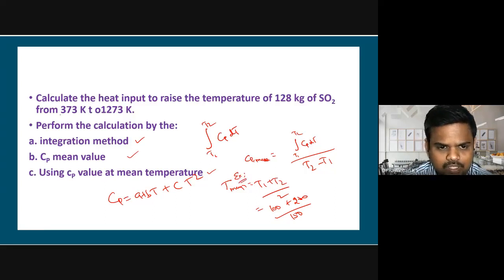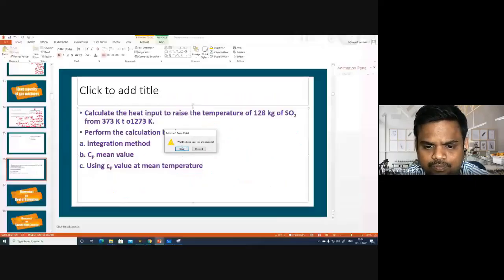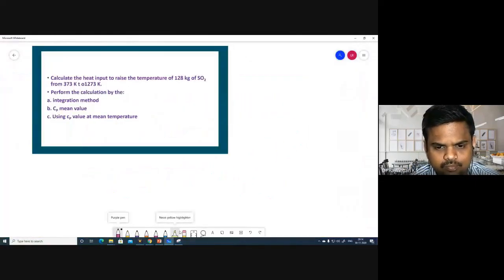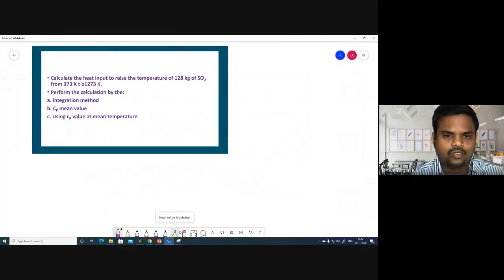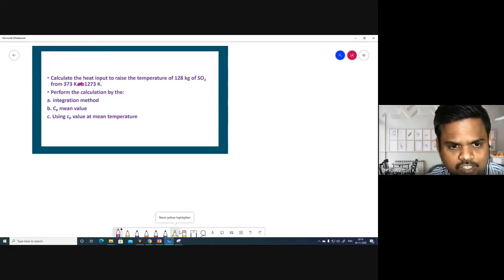So here the temperatures are given as 373 Kelvin and 1273 Kelvin. Okay, let's solve this problem. We have the temperatures given. Cp value is given. Actually, the question is incomplete.